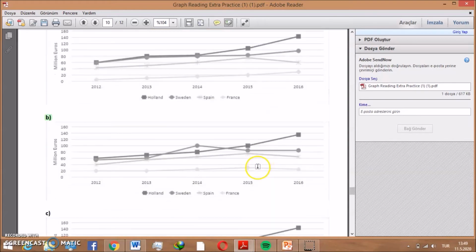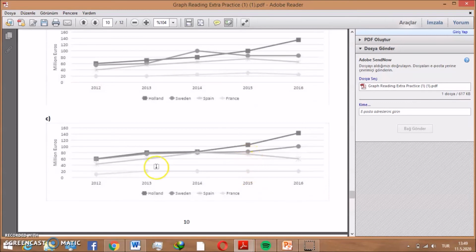Yes. Let's check C. Yes, it increased to that. But in C, for example, it reached 80 million in 2014, and then it decreases. But in the description, it says 2015.